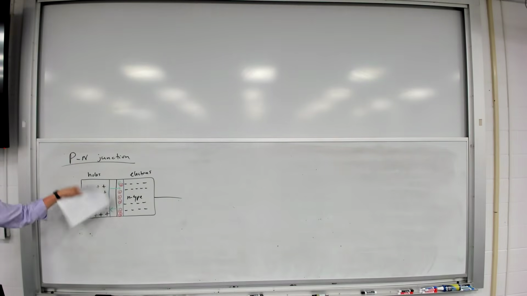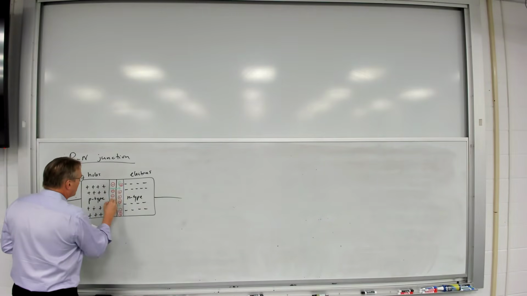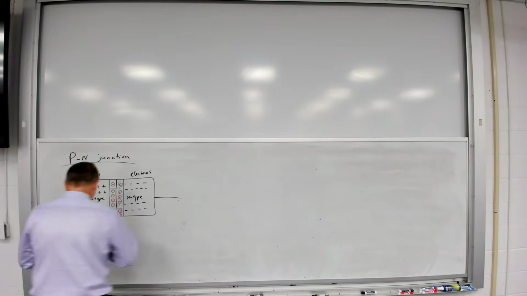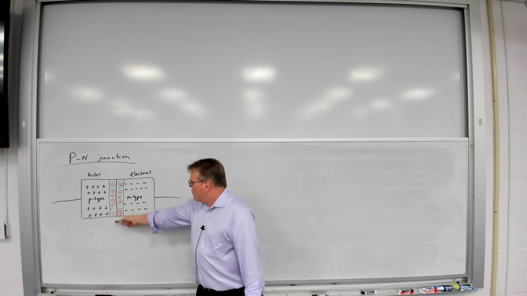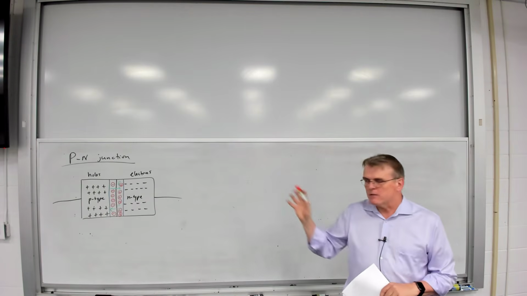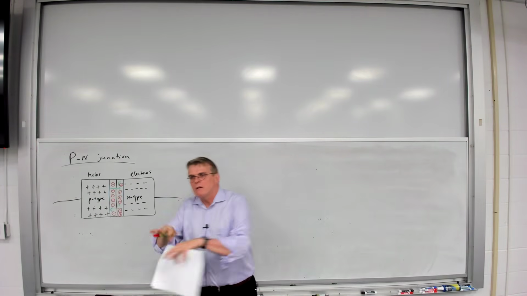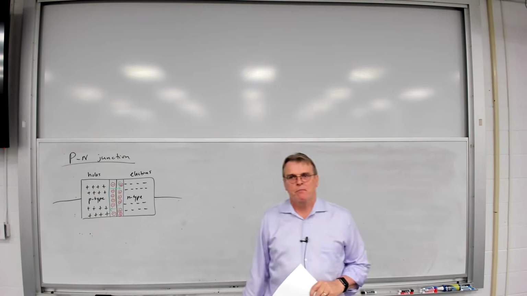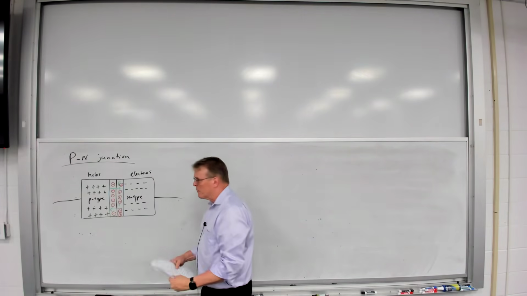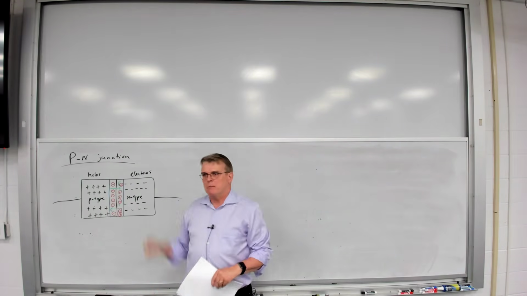They combine with the excess holes. And in this case, you wind up with a region that becomes negatively charged, I'm sorry, because of the electrons coming across. But once again, combining with the holes eliminates the free carriers. And so the holes combine with and remove the free carriers in the n-type region. The electrons combine with and remove the holes in the p-type region.